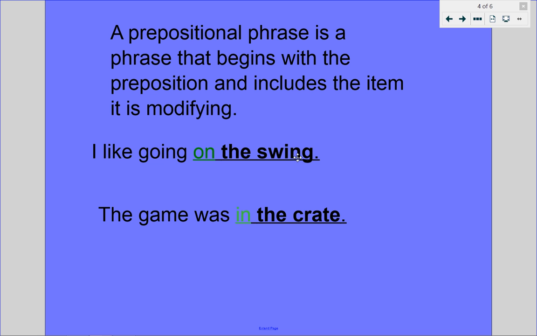So on the swing is my prepositional phrase. It starts with the preposition and it ends with the object that it modifies, the object that it's talking about. So here, the game was in the crate. In is a preposition. In the crate, then, is my prepositional phrase.